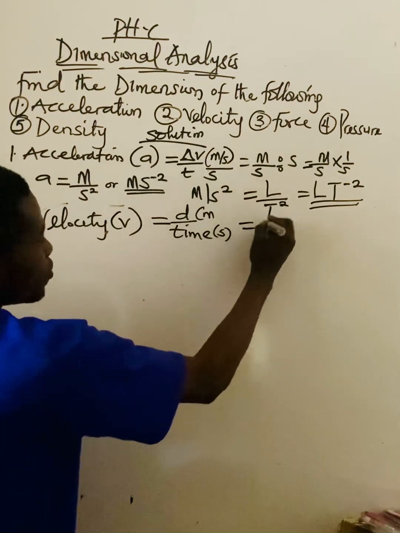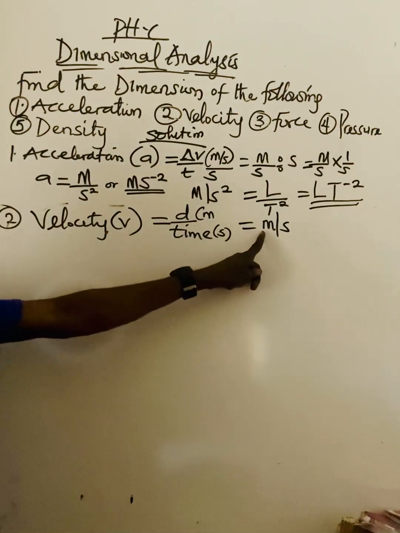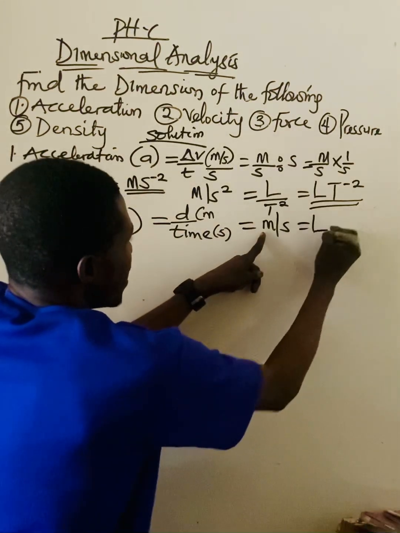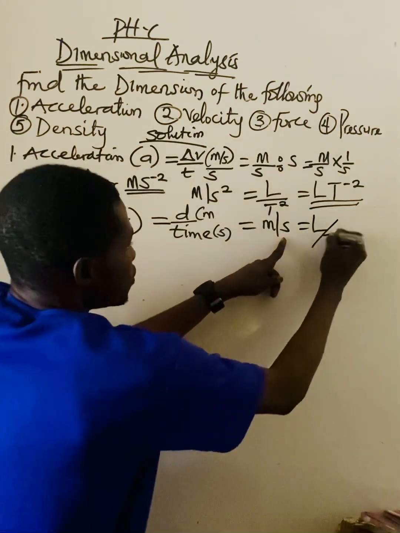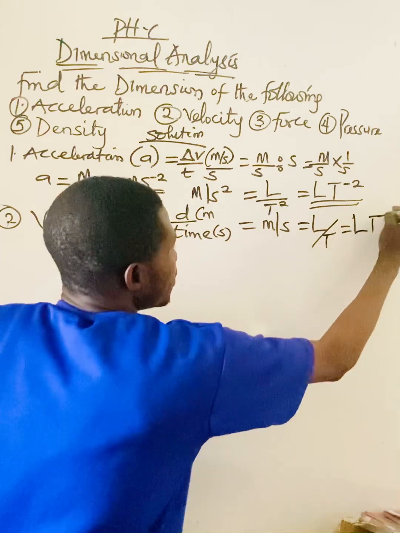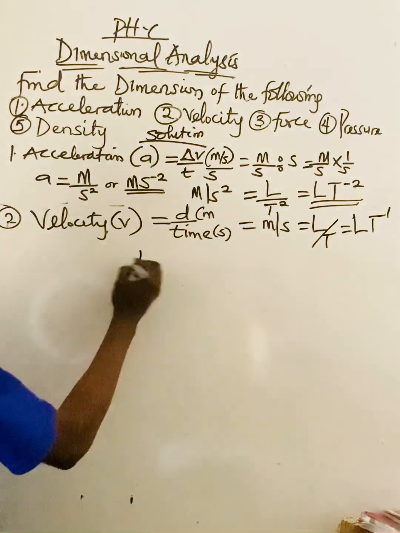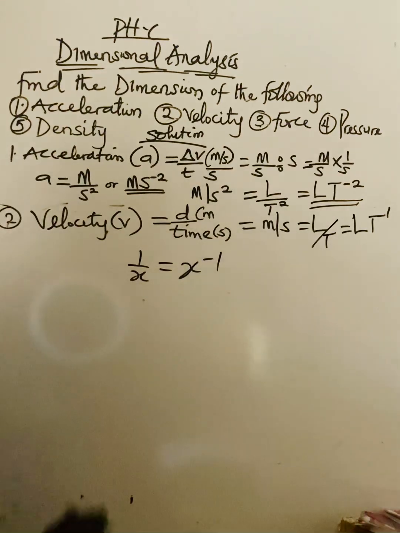So this will give us meter per second. Anywhere we find meter, we represent it as L, then all over seconds, which is T. And this is going to give L T inverse. Never forget, 1 over x is equal to x to the power minus 1.